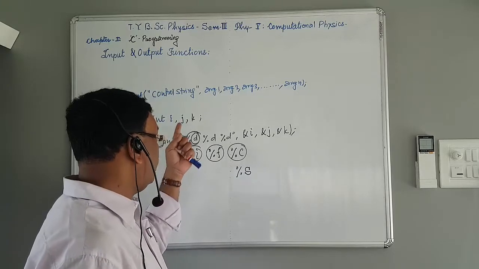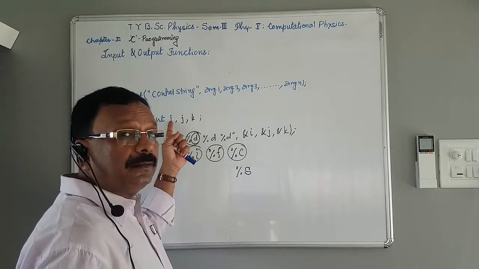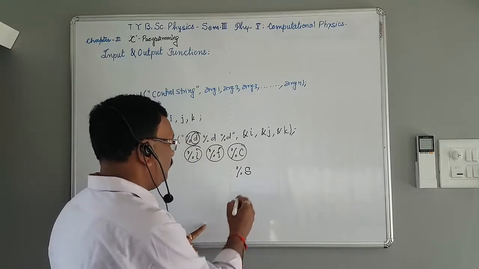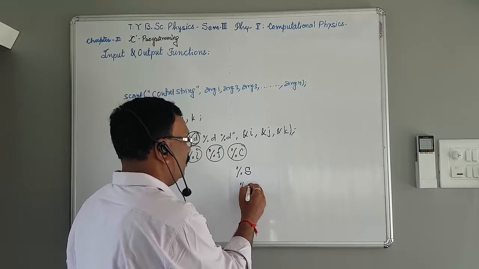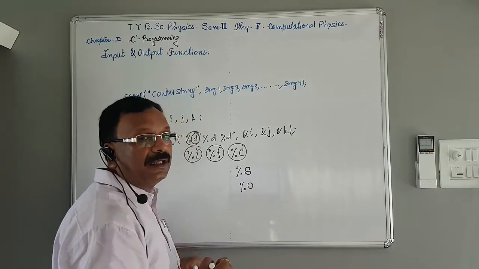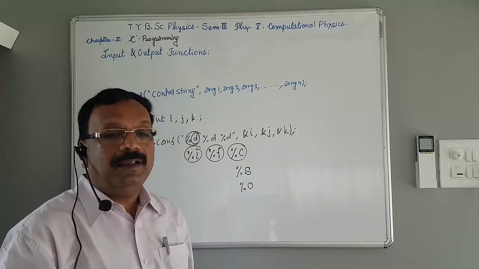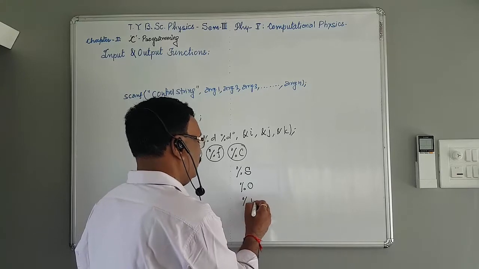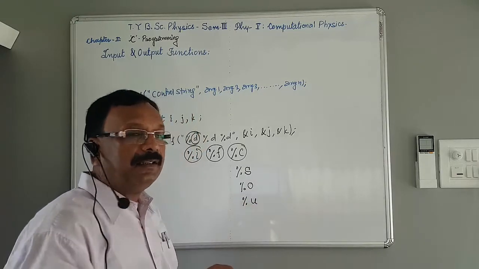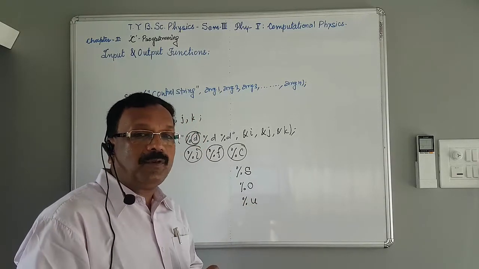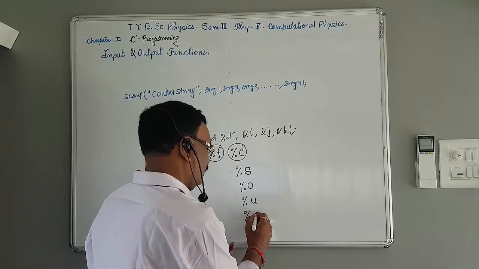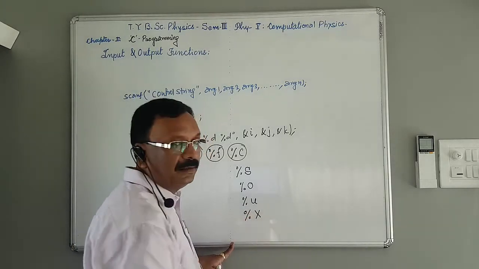Suppose we supply a variable whose type is octal, then %o. If we supply an unsigned decimal, then %u. If we declare the data type for a hexadecimal number, then %x.